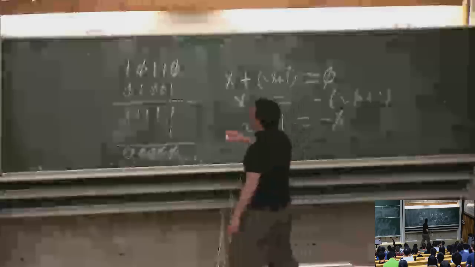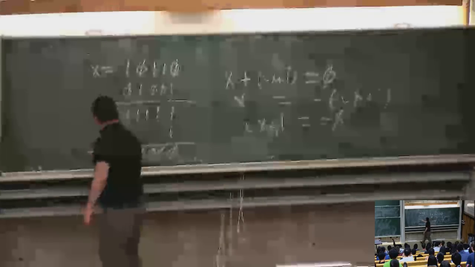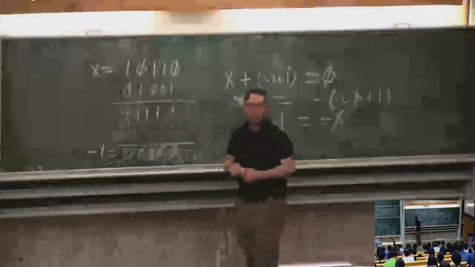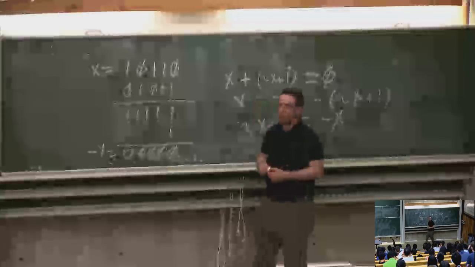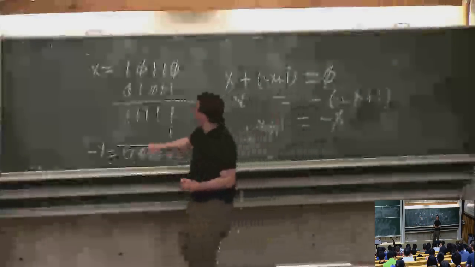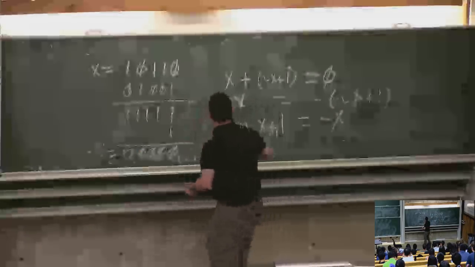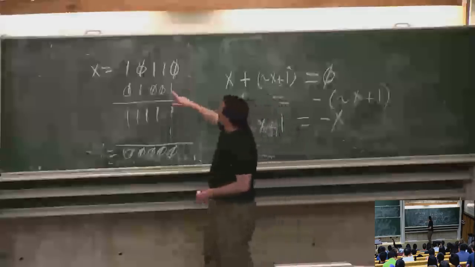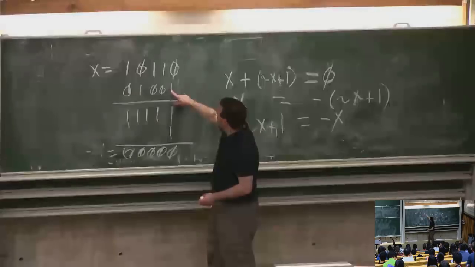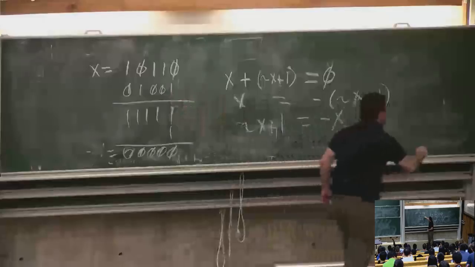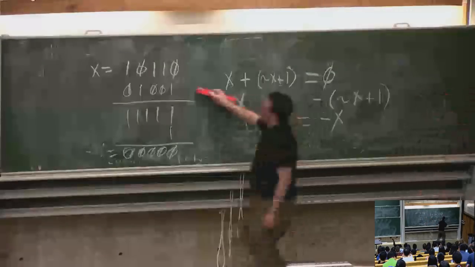Okay. So, if this is x, and we know this is negative x, we all agree? I'm sorry. Where's my negative x? My negative x is the complement of this plus 1, right? Okay.